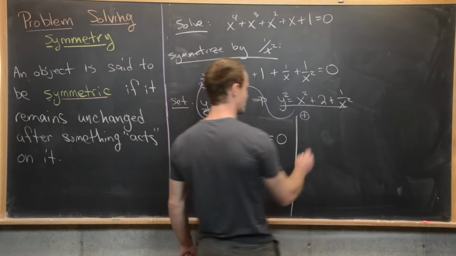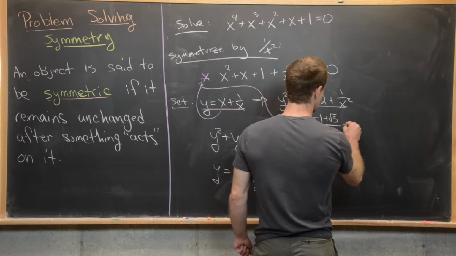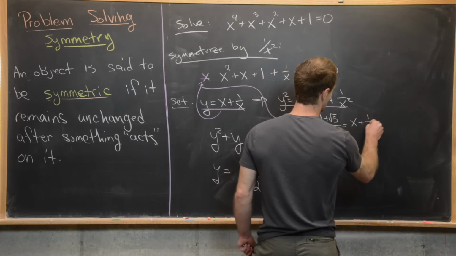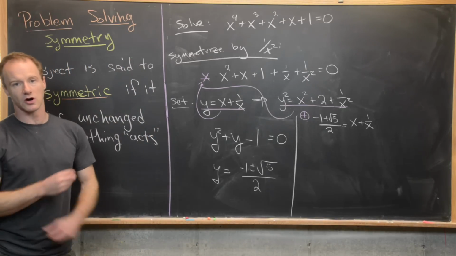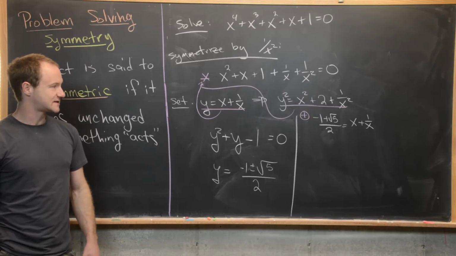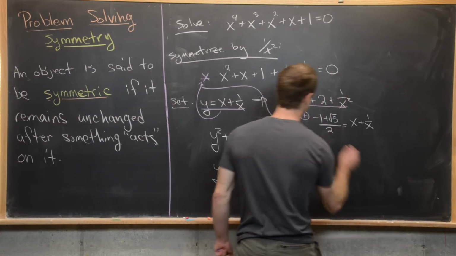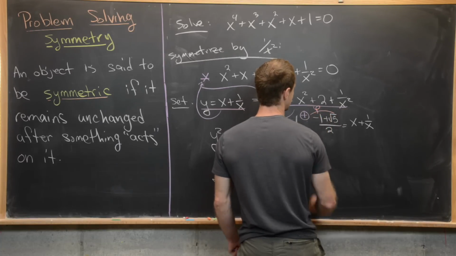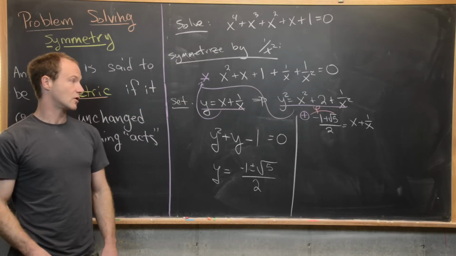So notice we'll have minus 1 plus the square root of 5 over 2 equals x plus 1 over x. So as it is, that would be hard to solve, but maybe what we can do is rewrite it as a quadratic equation. And then maybe while we're at it, we can rewrite this thing as phi, because that's a common name for the golden ratio.